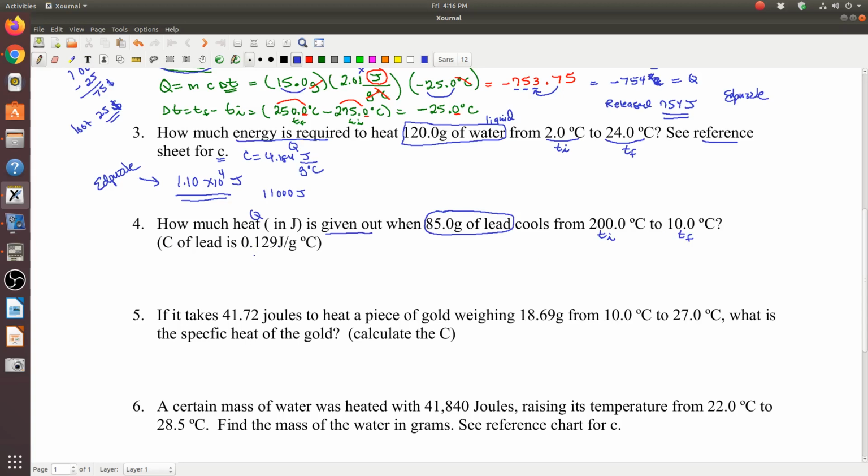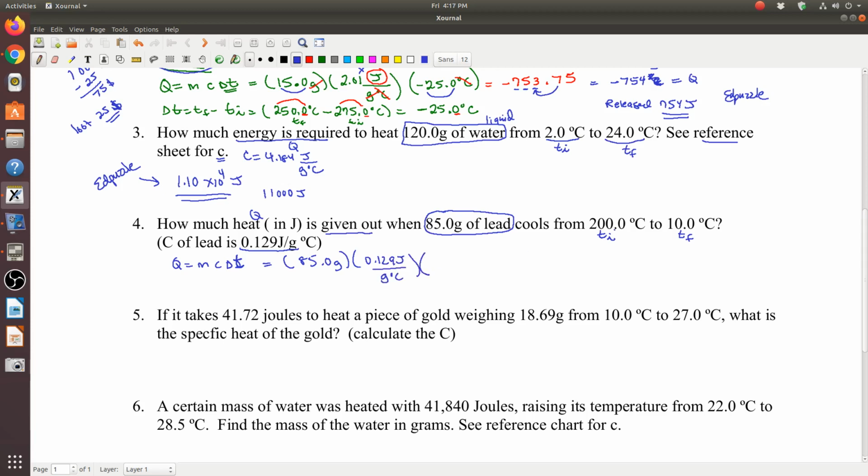This again is using the same type of formula. It's asking for Q. Q equals MC delta T. The mass of lead is 85.0 grams. The specific heat of lead is different than the other one, 0.129 joules per gram degree Celsius.